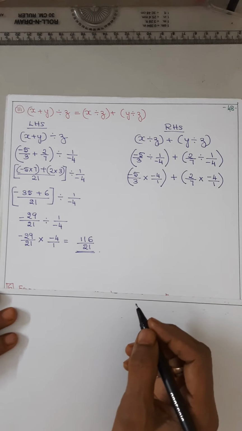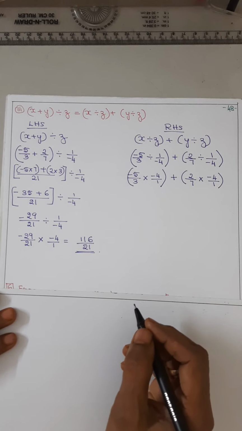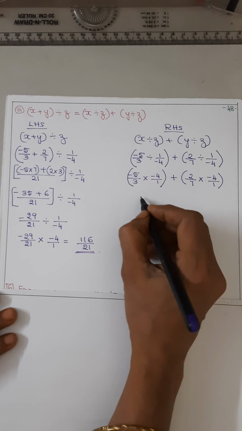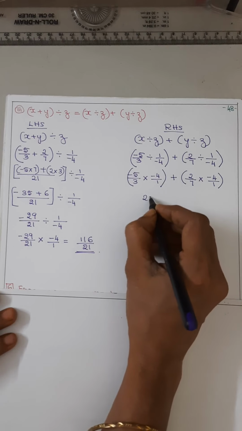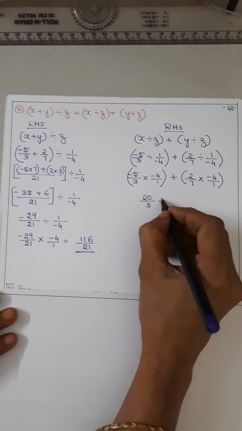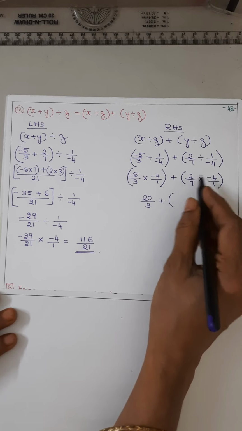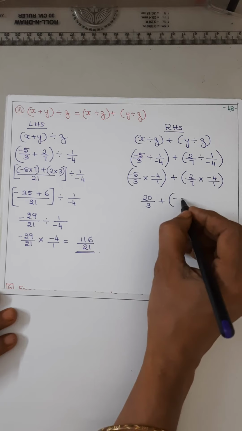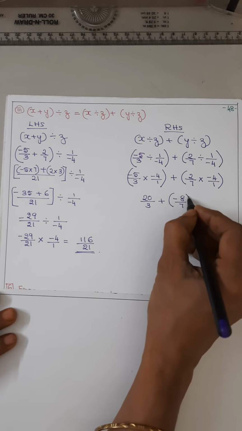Isn't it? No cancellation again. Minus minus plus. 5 4s are 20. 1 3s are 3. Here plus, plus minus minus, 4 2s are 8 upon 7.